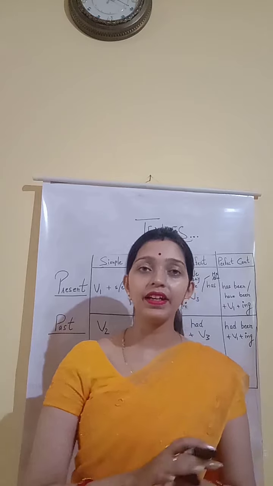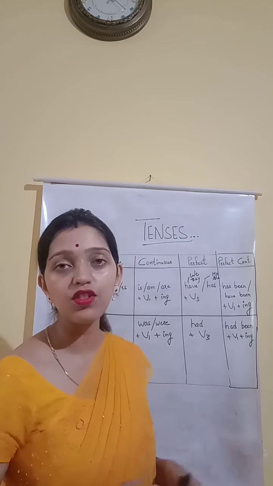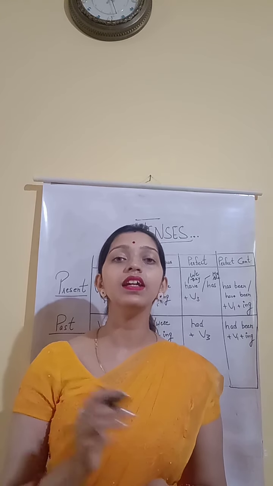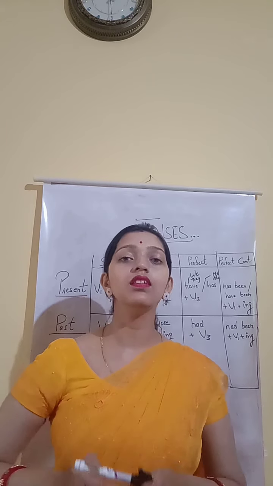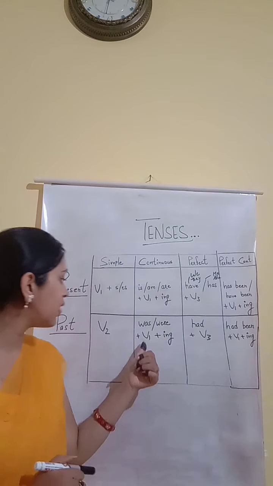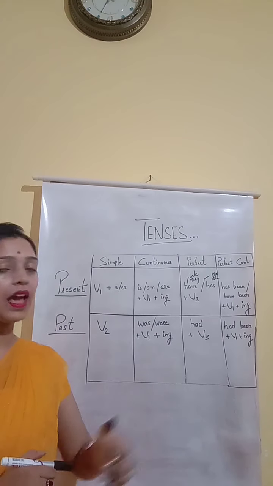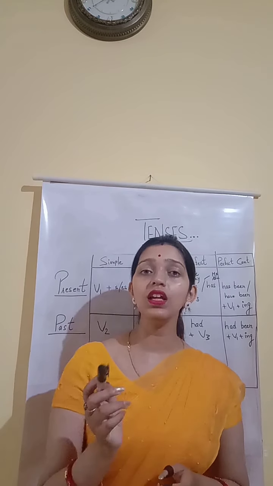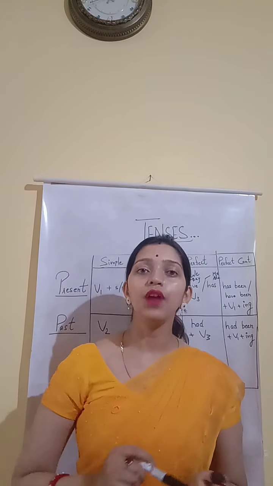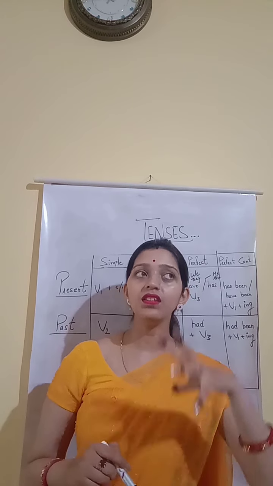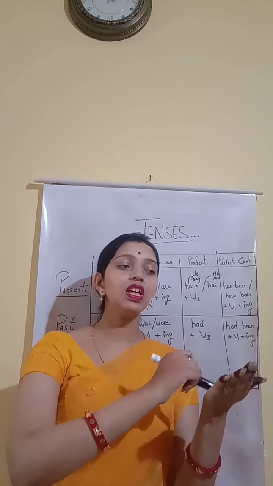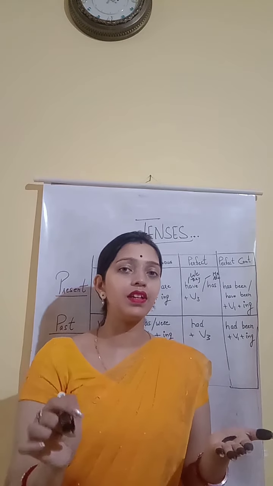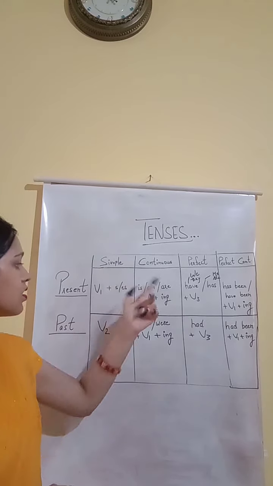Wherever continuous is there, you need to add ing in the verb. So here we have used verb first form plus ing. The teacher was writing on the blackboard, so she was, in the past, still writing. She did not complete her writing. So this is past continuous.